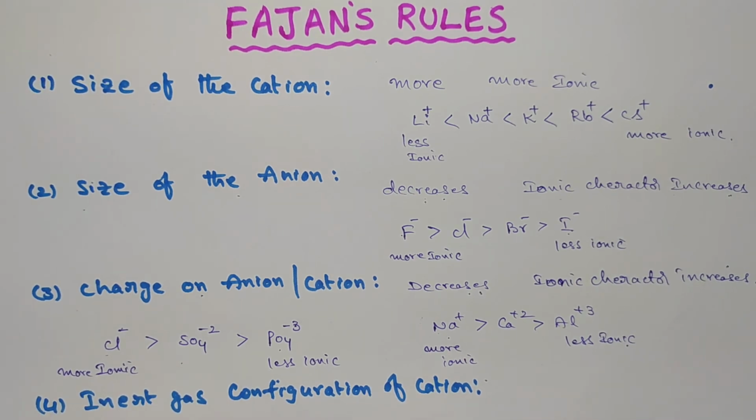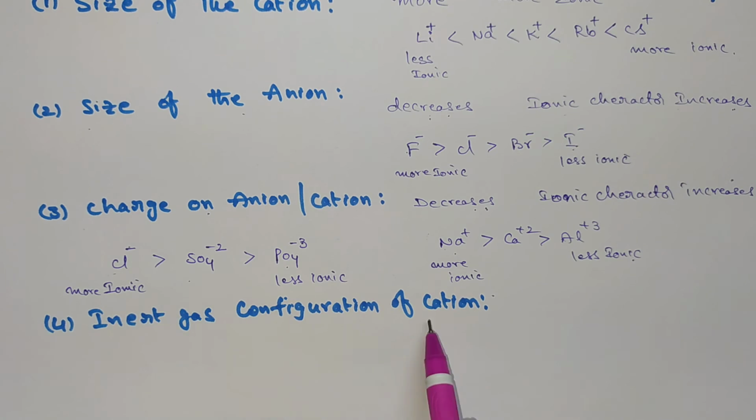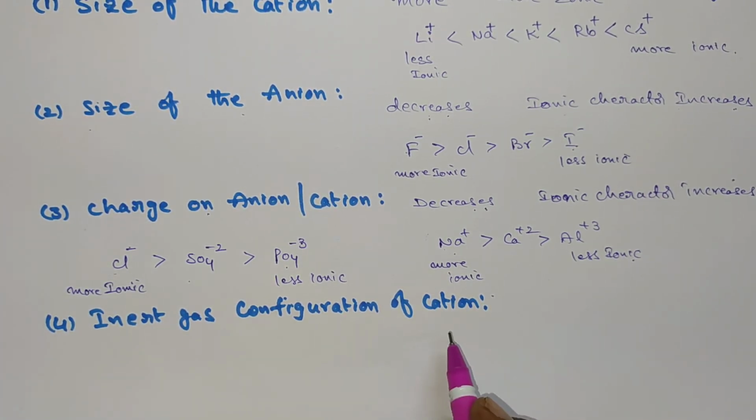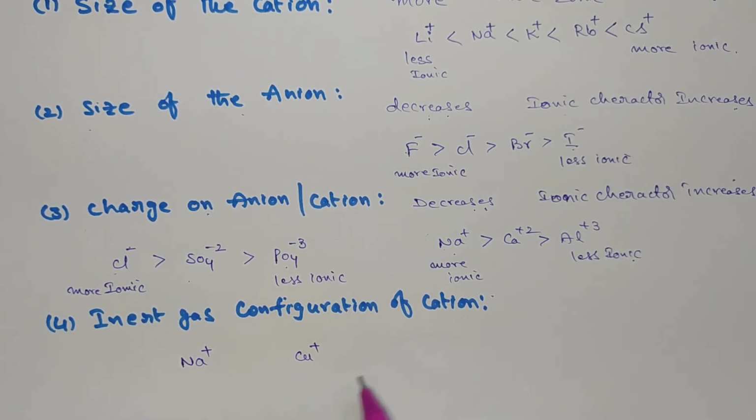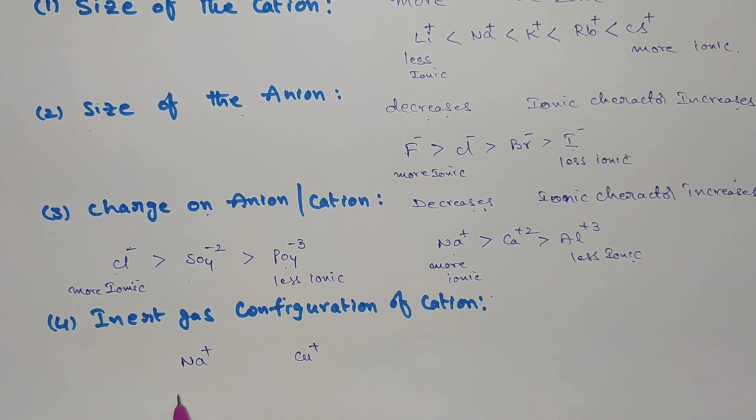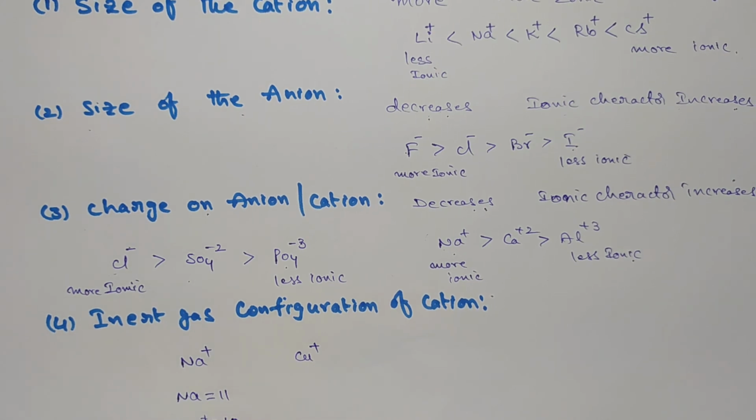Clear? And next one, inert gas configuration of cation. The cations with noble gas configuration or inert gas configuration will be more ionic. For example, consider Na plus ion and Cu plus ion. Sodium's atomic number is 11, so Na plus has 10 electrons.